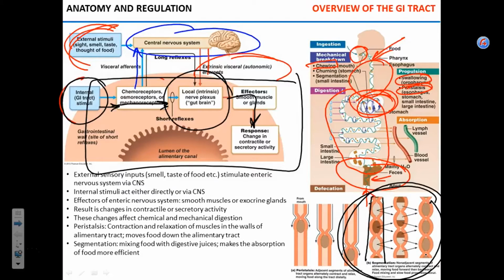And contraction of smooth muscles break down the bolus of food into smaller chunks. So segmentation improves the mixing of food with digestive juices. Are we clear? Do you have any questions?